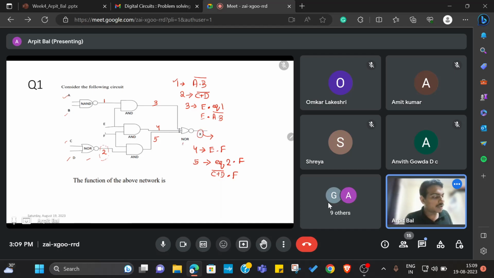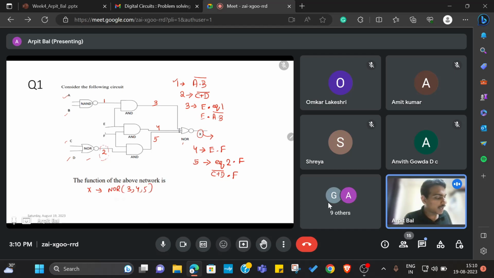Here we have a NOR gate, a 3-input NOR gate. The output of an n-input NOR gate is basically the summation of all the inputs and the complement of that. You can consider a NOR gate as an OR plus NOT. So to get the output X, we need to take the NOR of 3, 4 and 5.